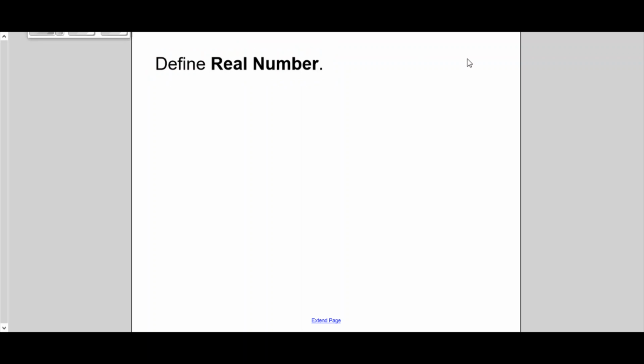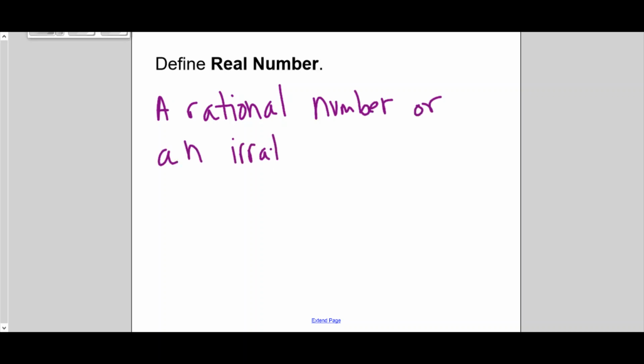The first thing we want to define is what a real number is. A real number is a rational number or an irrational number. So for example, when we think of rational numbers, let's start there. Rational numbers, if you think the first part there is ratio, so something that could be written as a fraction.